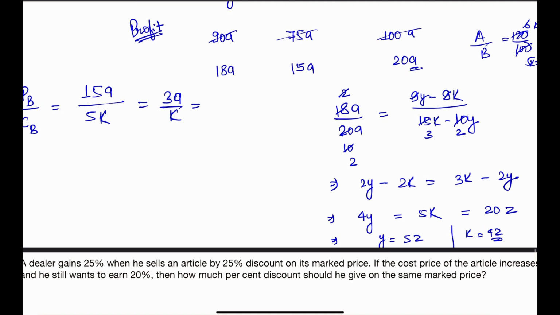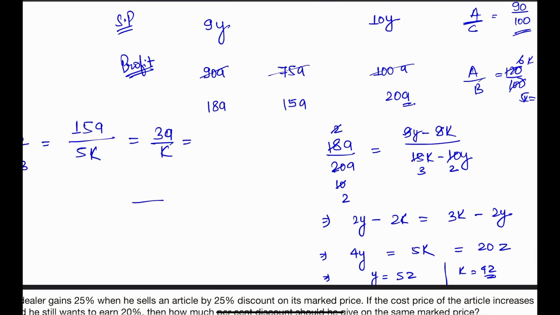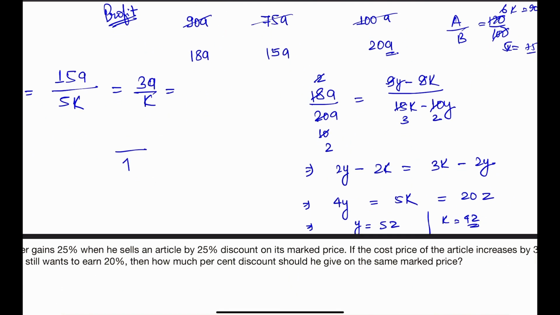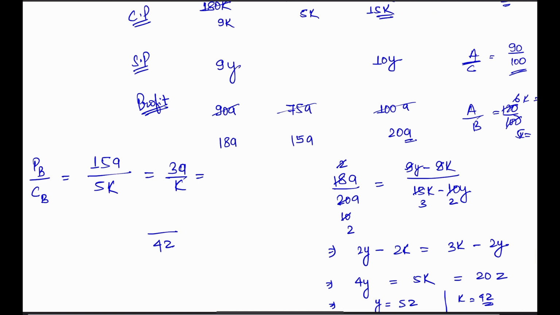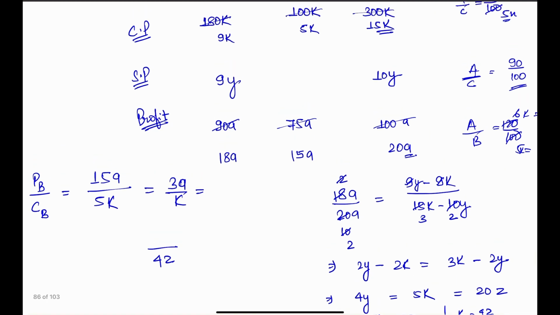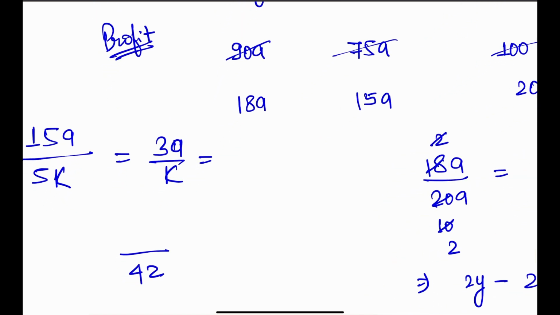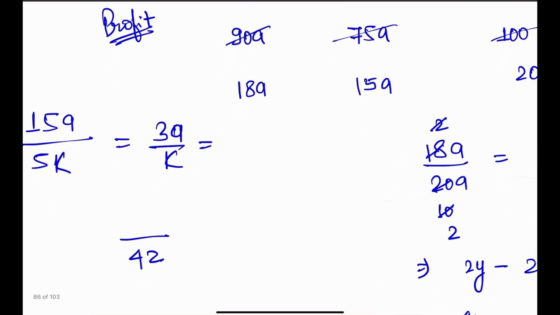Okay, now we can solve. So here my value of k is 4z and 3a. 3a is what? So 18a by 6, right?